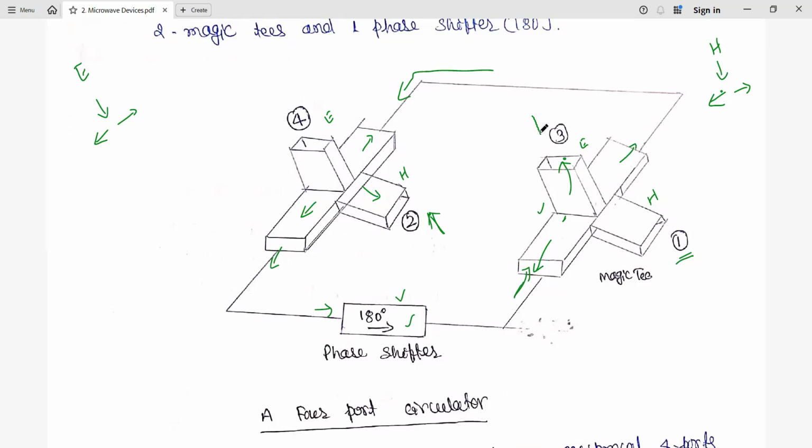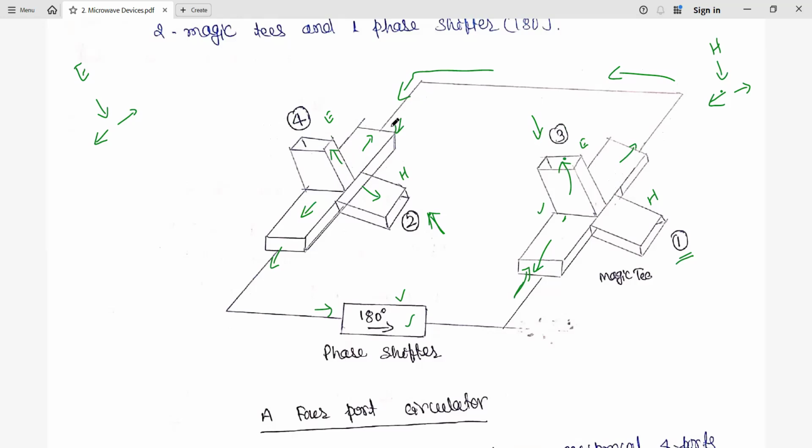Like if you give the input in 3, again it will have a phase shift of 180 degrees here, an automatic phase shift. And finally it comes to these collinear arms, and again it passes through the phase shift of 180 degrees. So the total phase shift is what, 360 degrees. So it is able to transfer from 3 to 4.